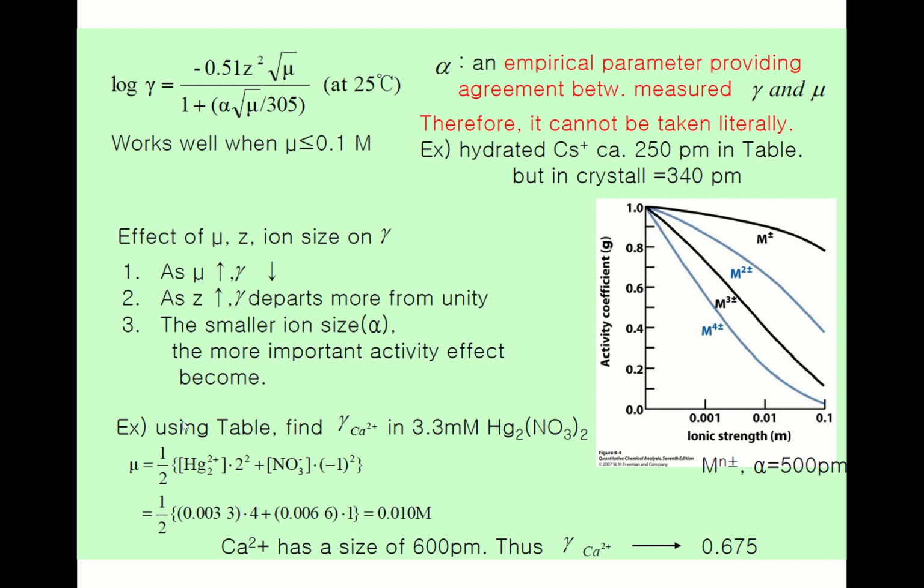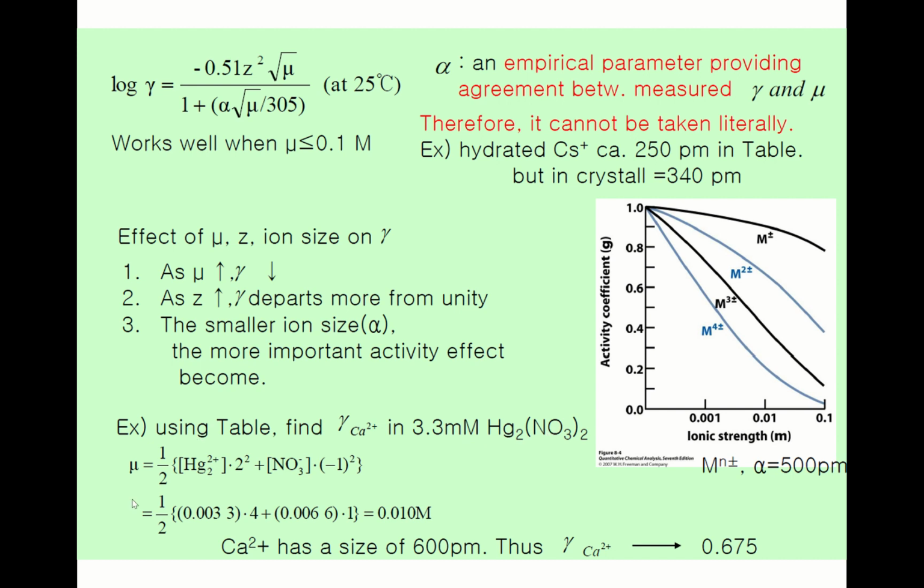So using the tables, we can find the activity coefficient for a given concentration. For example, let's consider 3.3 millimolar mercurous nitrate. It dissociates completely.